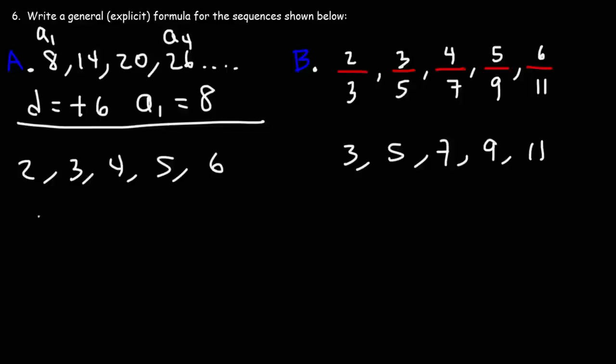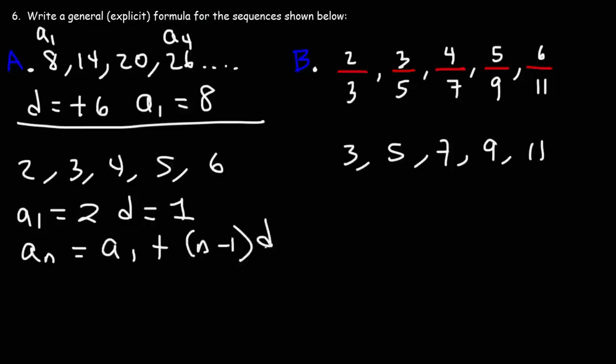So for the sequence on top, the first term is 2, and we can see that the common difference is 1. The numbers are increasing by 1. So using the formula, a sub n is equal to a sub 1 plus n minus 1 times d, we have that a sub 1 is 2, and d is 1. If you distribute 1 to n minus 1, you're just going to get n minus 1.